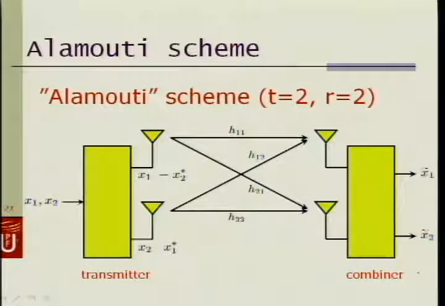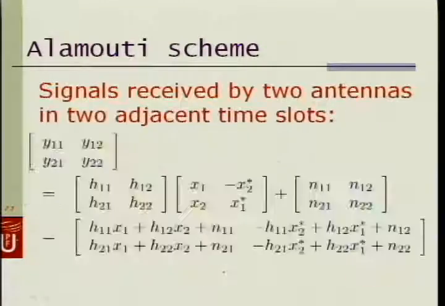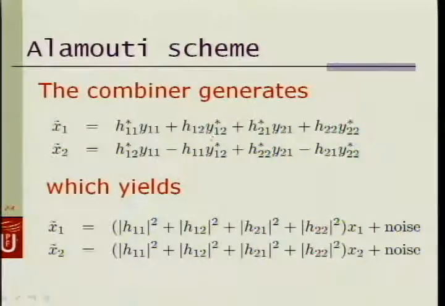We can also generate an Alamouti scheme with two transmit antennas and a different number of receive antennas, for example, 2. The transmission scheme is exactly the same as before. At time 1, we transmit x1 and x2. At time 2, we transmit minus x2 star and x1 star. And then we combine linearly the signals received by the two antennas in two adjacent time instants.